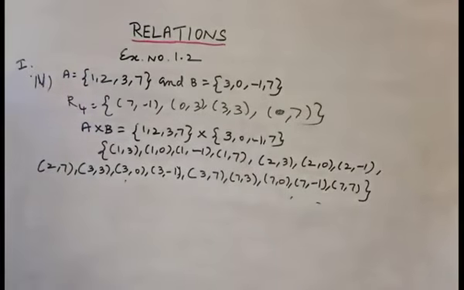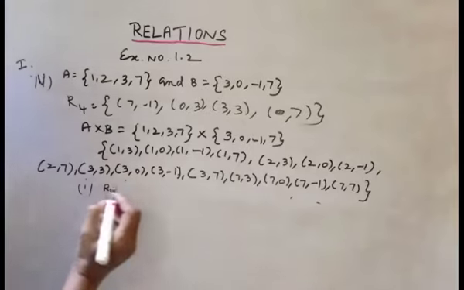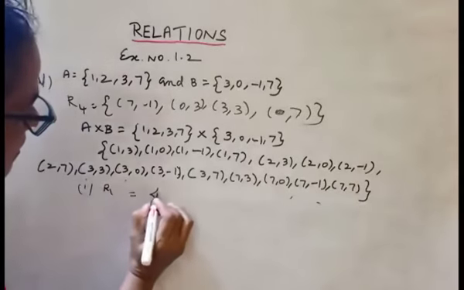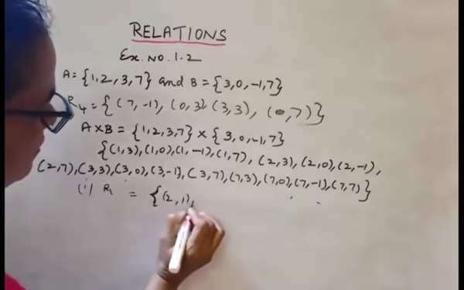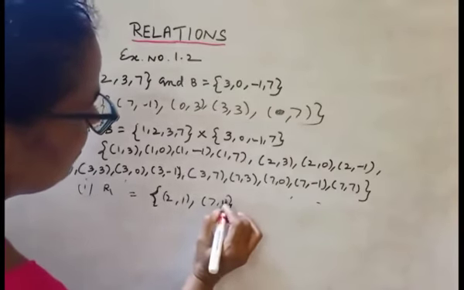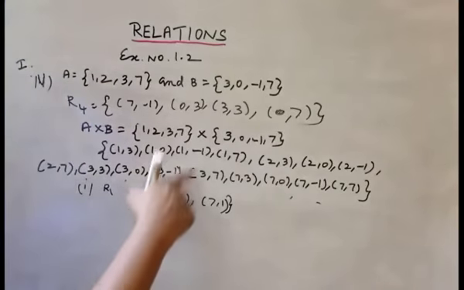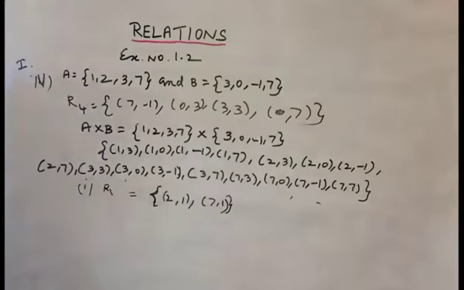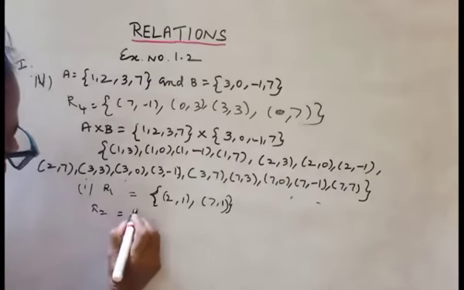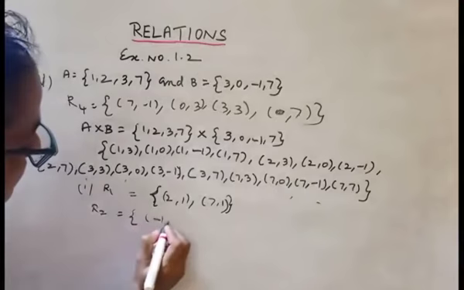You see first one, that is R1 equal to {(2, 1), (7, 1)}. 2 belongs to A, okay, but 1 is not an element in B. So you simply say R1 is not a relation from A to B. Okay. R2: (-1, 1).